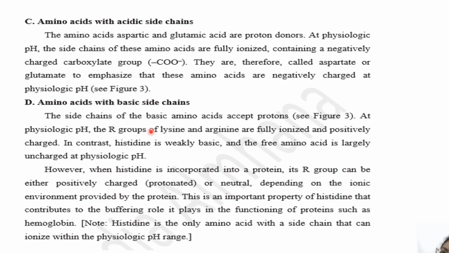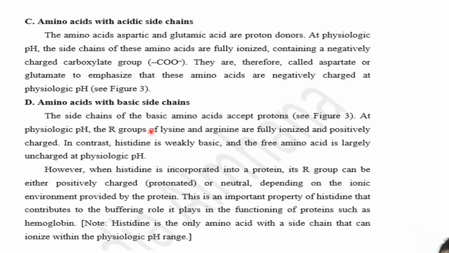Yeah. So amino acids aspartic and glutamic acid are proton donors, right? So at physiological pH, the side chains of these amino acids are fully ionized, containing a negatively charged carboxylate group. So they are therefore called aspartate or glutamate to emphasize that these amino acids are negatively charged at physiological pH.